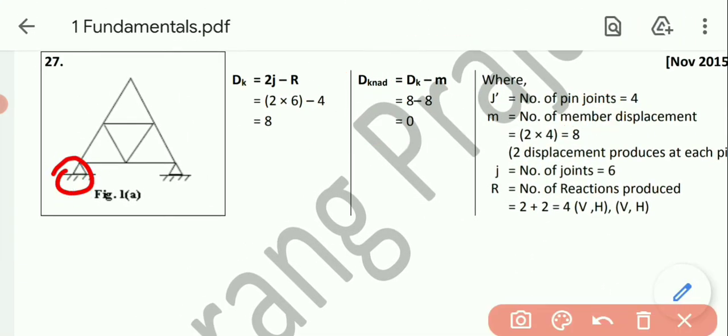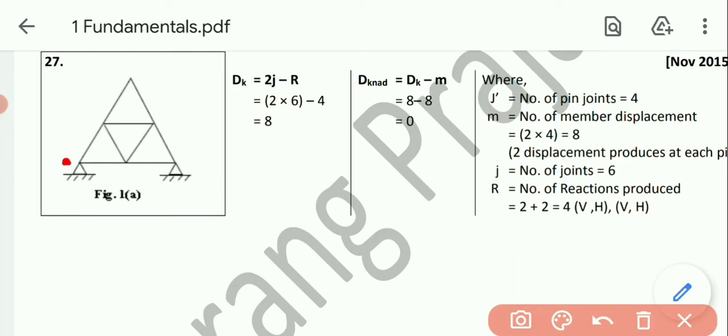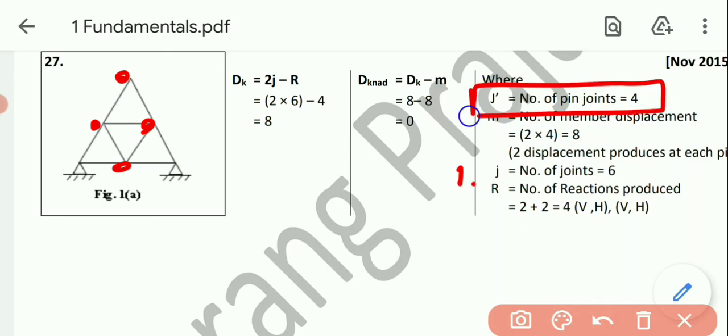In this one, hinge supports 1, 1, 1, 1, so capital R is 4. Number of joints 1, 2, 3, 4, 5, 6, then J dash, except the support points 1, 2, 3, 4, and each will produce vertical, horizontal, so ultimately we can say M is 8.